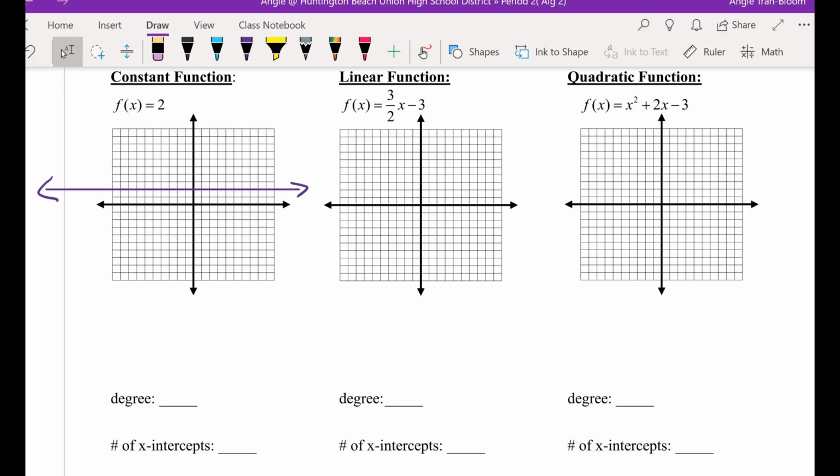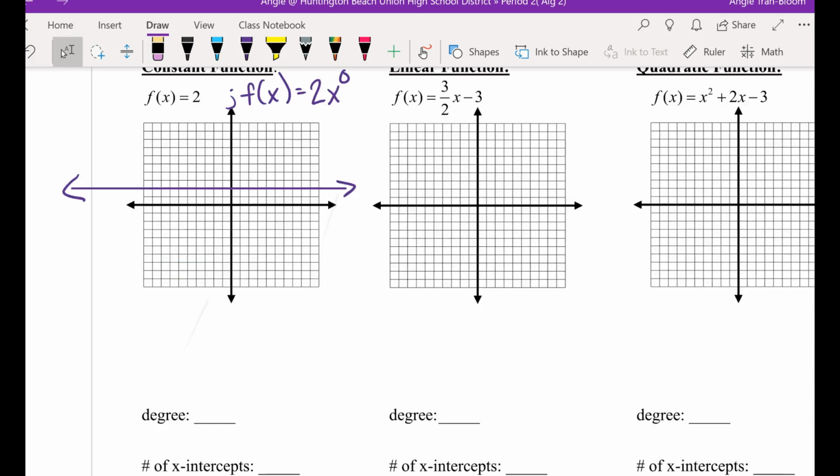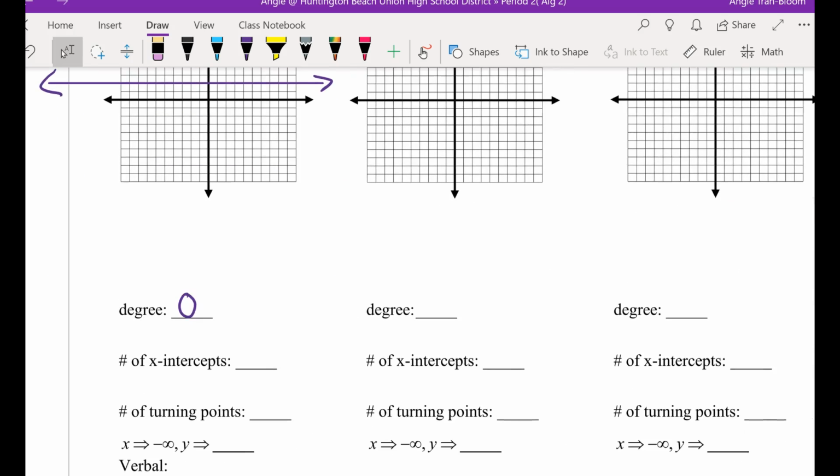I hear 1, not 1. 0. Okay, and here's why. This is technically f of x. If I really wanted to, I can write 2 times x to the 0 power. And let's look at it. What's anything raised to the 0? Anything raised to the 0 is 1. 1 times 2 is 2. So that's why this degree, y'all, is 0.